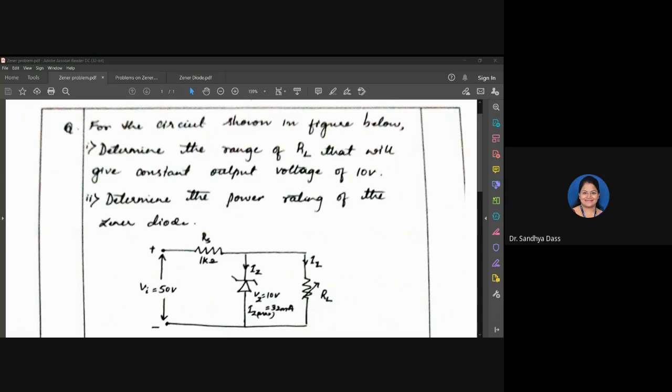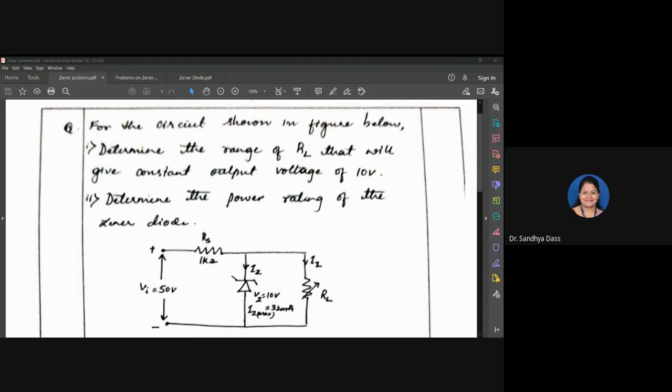So your RL will be 250 ohms. Satvik and Jane, you're saying it is 1250 ohms. Okay, correct, maximum range. So this is for those who are still behind. RL minimum, what we have got now is 250 ohms.